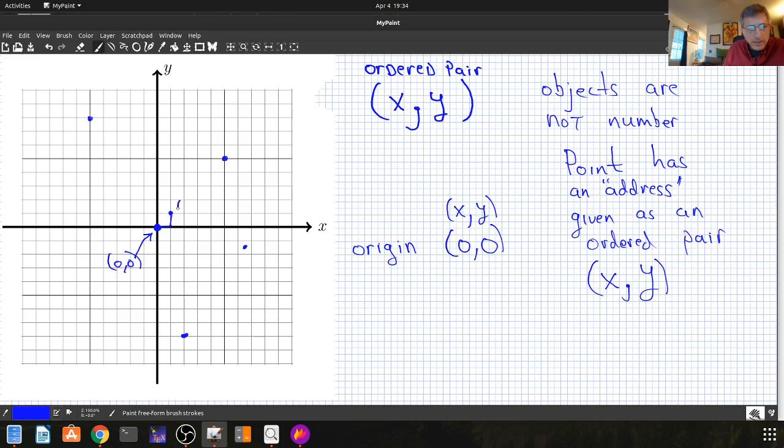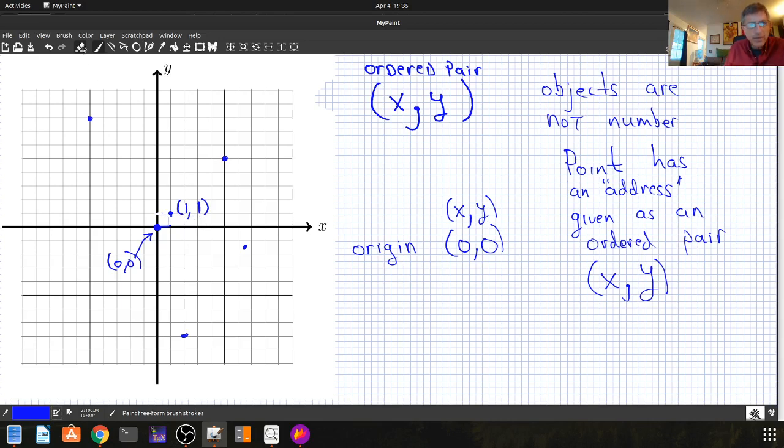That tells me that the x value of this point is 1. Now, if I start at that point and move perpendicular to the y-axis, and I count the distance I am from the origin, that's also 1 up. So this particular point has as an address 1, 1.